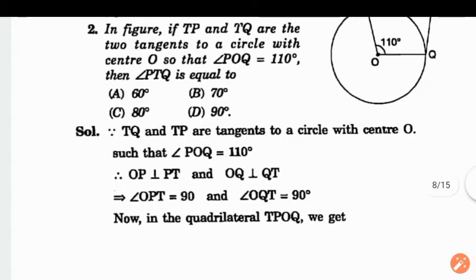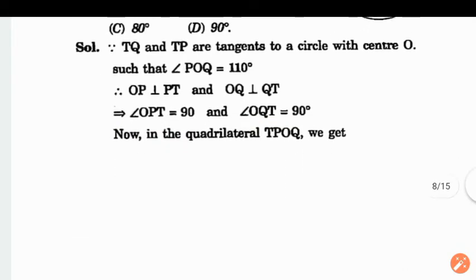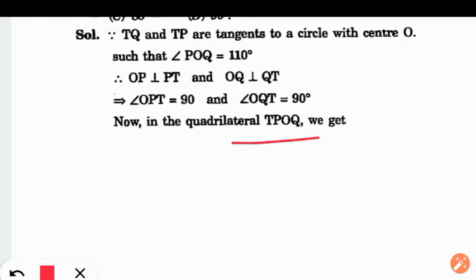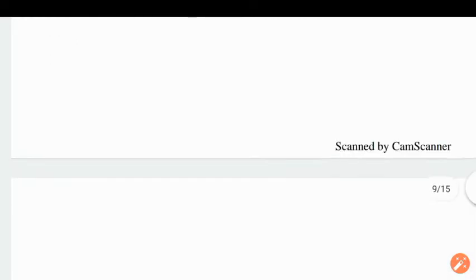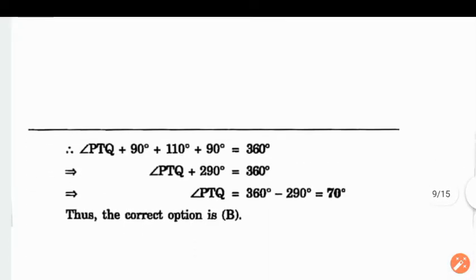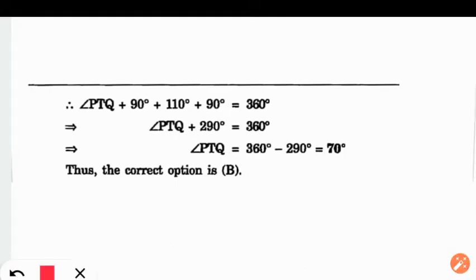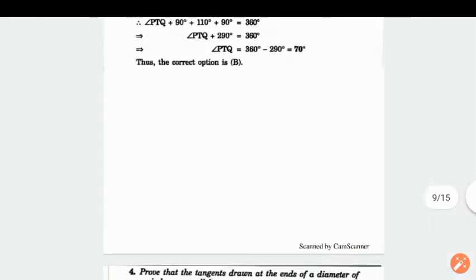Since both are perpendicular, these two angles are 90 degree. Now since TPOQ is a quadrilateral, the sum of all angles in a quadrilateral is 360 degree. So here angle PTQ is 70 degree, which I told you right now.